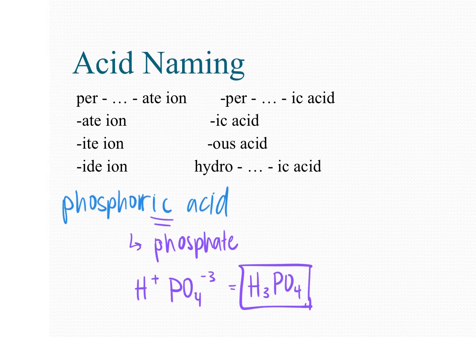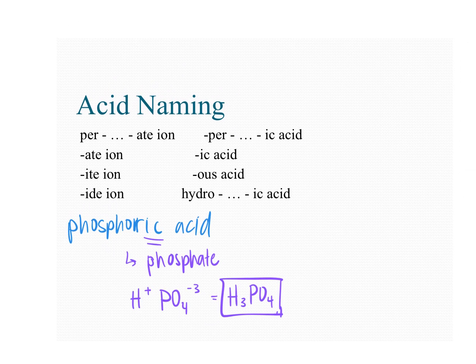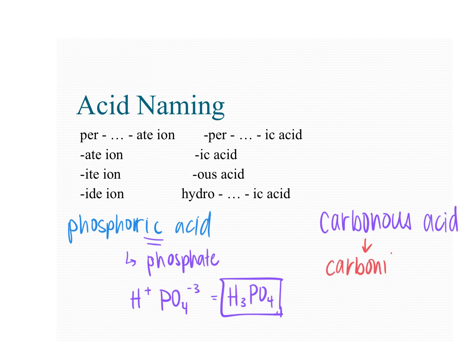What if we had carbonous acid? Carbonous acid comes from carbonite. Good. So let's figure out from our table, what is the formula for carbonite?